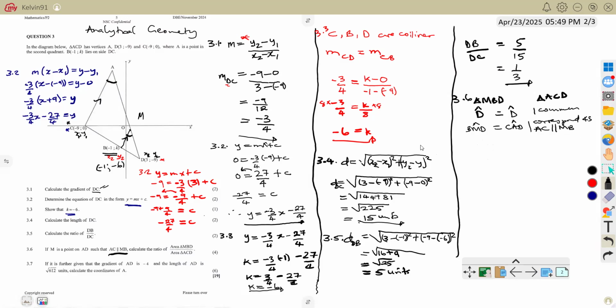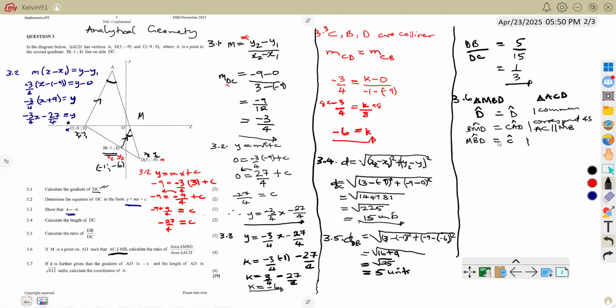Then we can therefore conclude that the third angles are equal, meaning to say the angle MBD will be equal to angle C. We can conclude that because we have already proven that these two angles are equal.